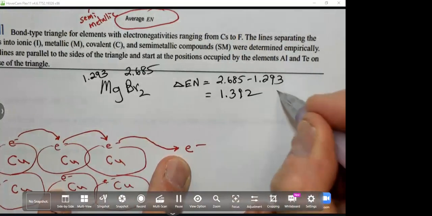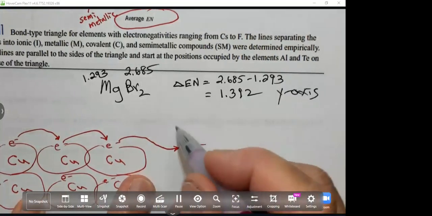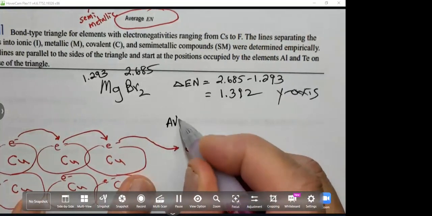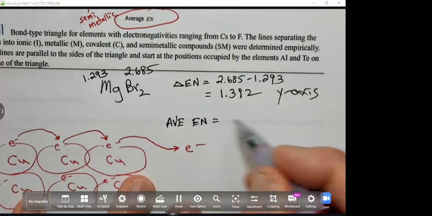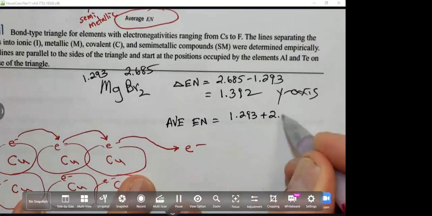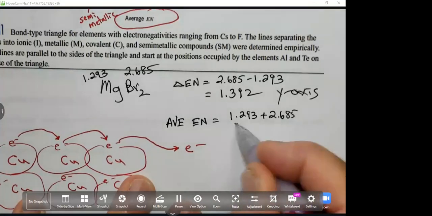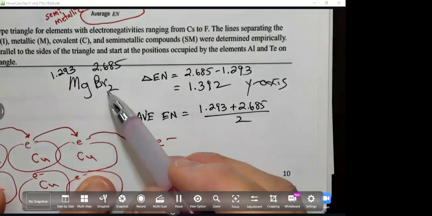That's on my y-axis. What is my average? Doesn't matter that there's two bromines.